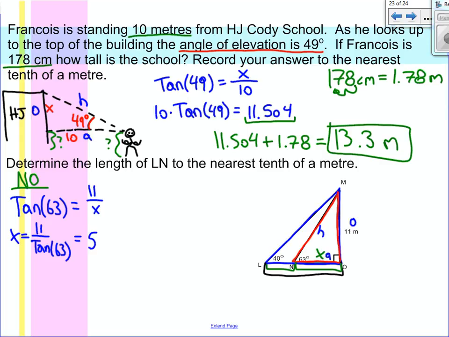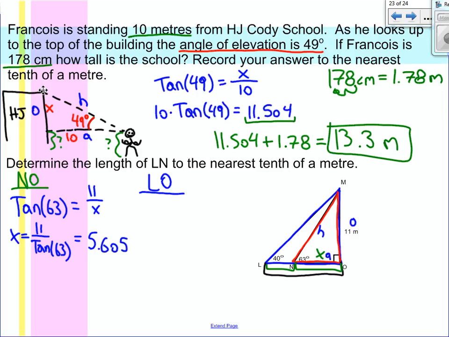The next thing that we're going to have to figure out is L to O. Because we're going to want to do this entire side, L to O, and then subtract out N to O, and that will leave us with L to N. So now we need to relabel our entire triangle, but as if we're working with the big blue one.